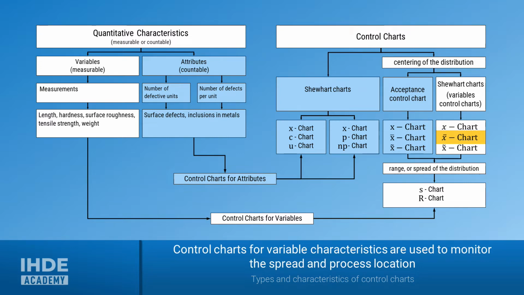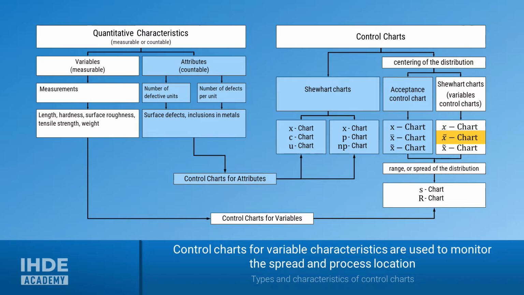Examples of this would be the length, hardness, weight, surface roughness, or tensile strength of a component. Second, there are the attributive characteristics. Those are all characteristics one can only count. But we don't want to go into detail about them here. On the right, we have the different control charts for variable characteristics with a white background.